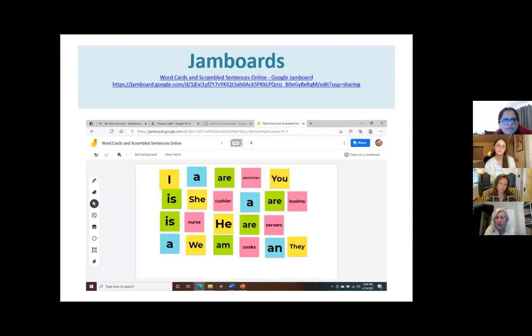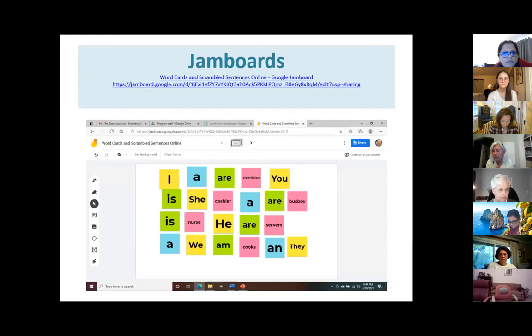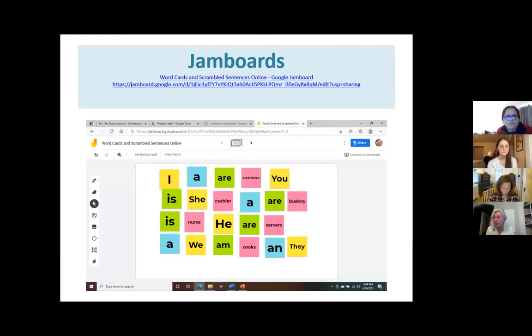So for that, we could use a Jamboard. A Jamboard is a Google tool that has many uses, but for our purposes, you can think of it as a whiteboard with sticky notes. You would create the sticky notes and put them on the whiteboard sort of randomly. You can see what I did here.